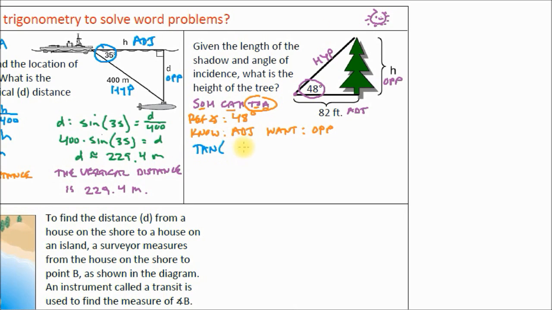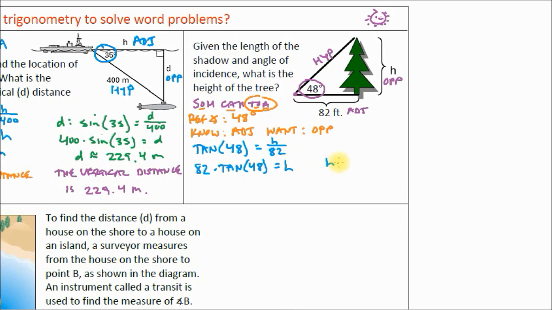Tangent of 48 degrees is equal to opposite over adjacent. Opposite is our unknown value h. Adjacent is 82. Our variable is in the numerator, so we multiply both sides by the denominator to get the 82 to go to the other side. 82 times tangent of 48 equals h.